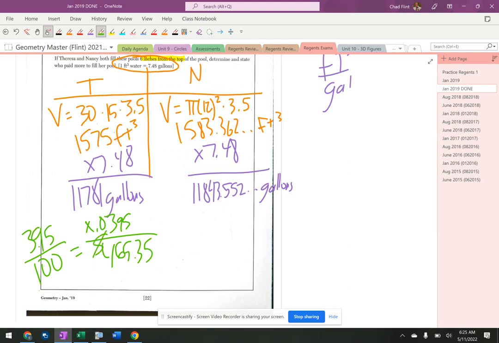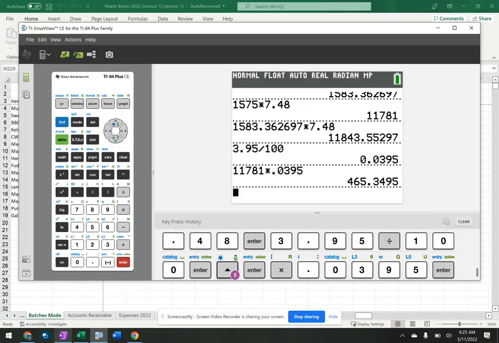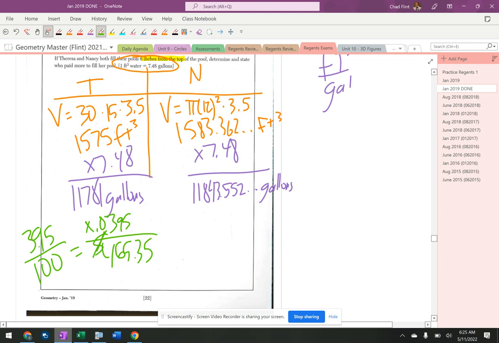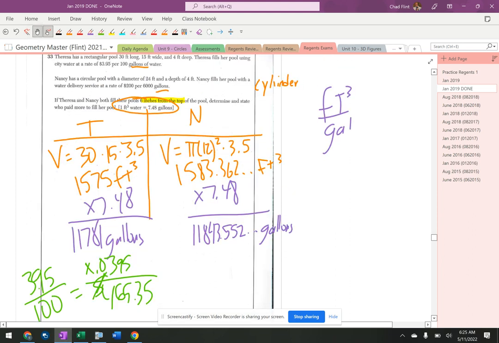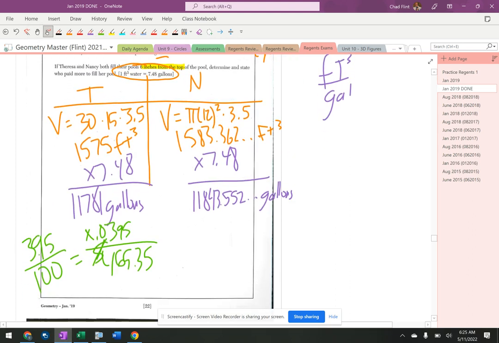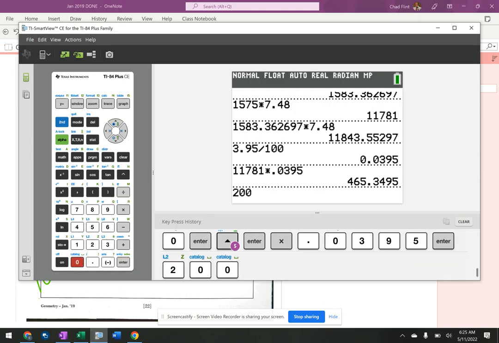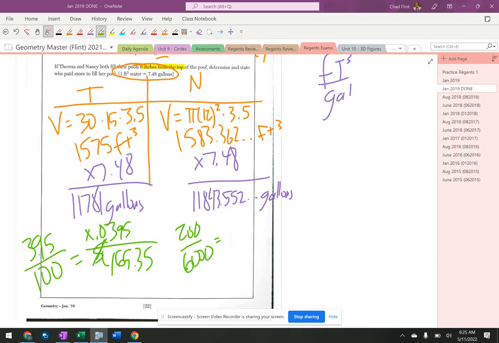That's what that person pays. And this other person pays $200 per 6,000 gallons. So 200 divided by 6,000. I think that's a little cheaper per gallon, so they pay less.